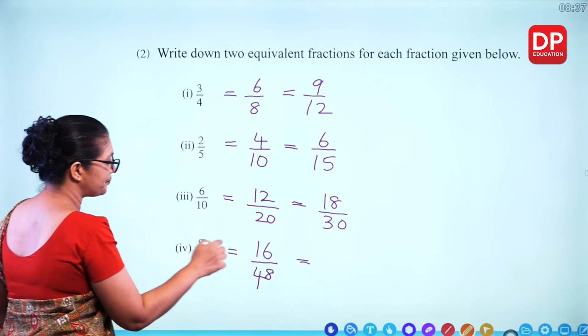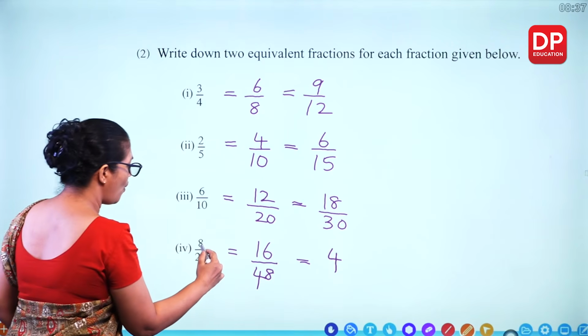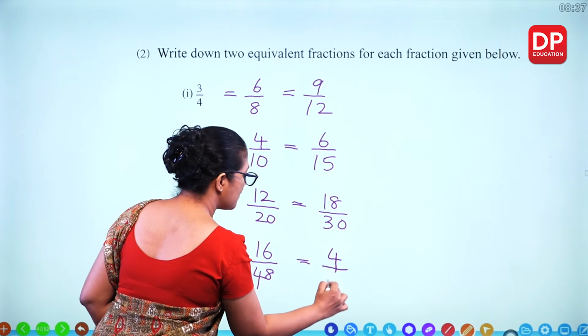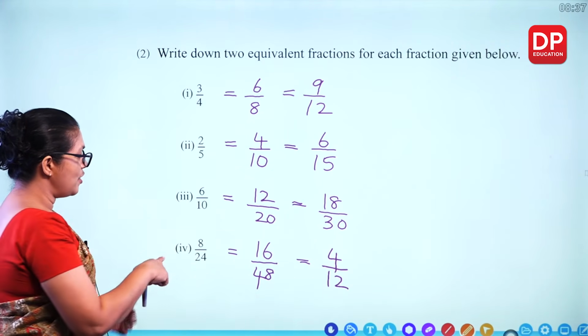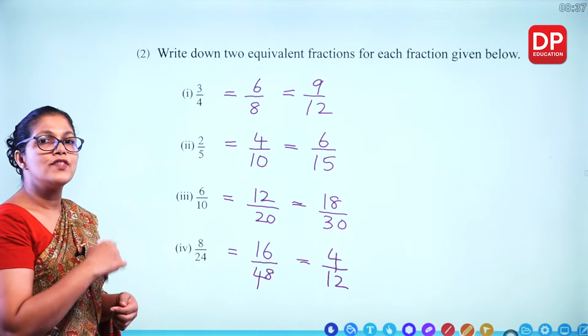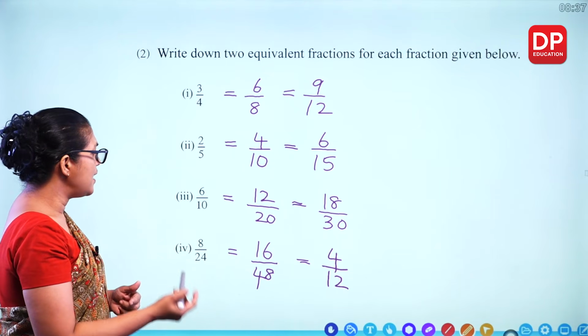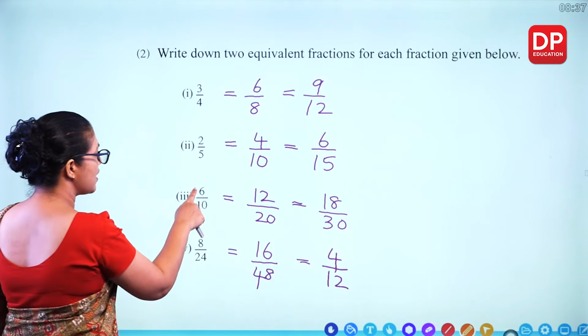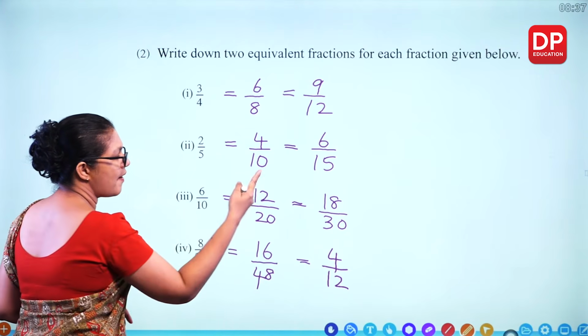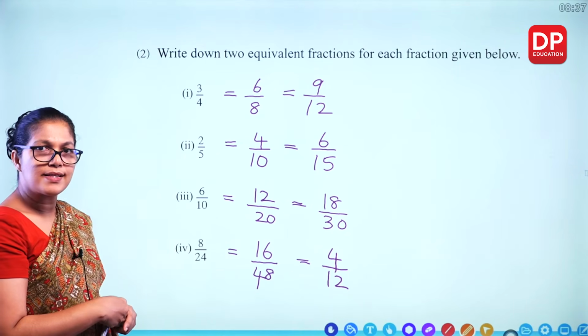Divide by 2. You get 4 and 12. Here, when you get bigger numbers, it's easy to divide rather than multiply. This is also, again, you can divide by 2 and write 2/6.